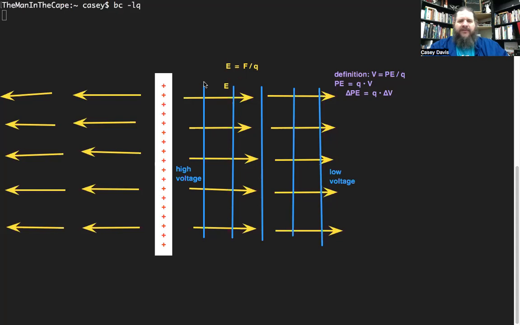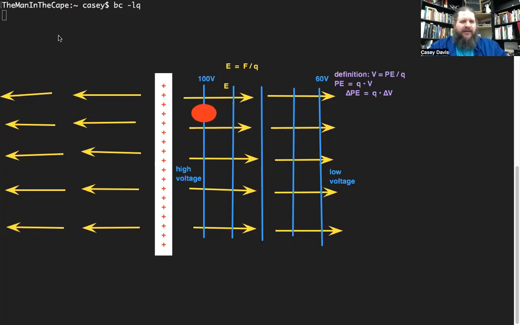So for example, let's say we know the voltages. Let's say we know that this voltage is 100 volts. And let's say each one of these equipotential lines represents an extra 10 volts. So 100, 90, 80, 70, 60. So let's say this is 60 volts. If we take a charged object and move it, let's say we know the charge.